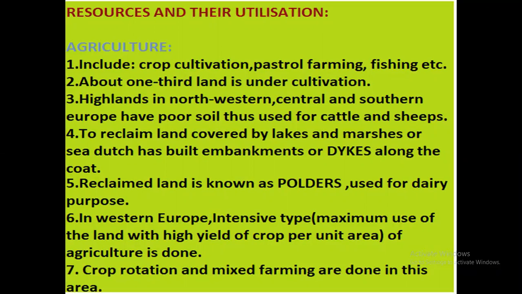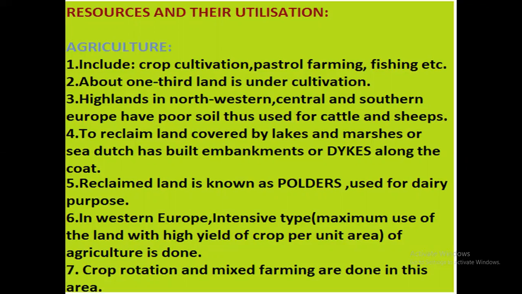What did they build? Embankments. These embankments are also called dikes. They are built along the coast, along the coast of the sea or on the banks of rivers, lakes, marshes, etc.